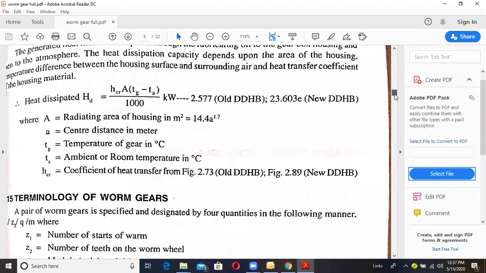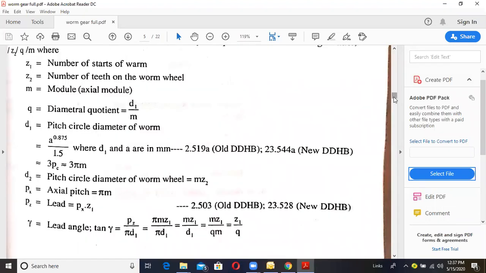Next we'll see some of the notations. Already you know that Z1 is the number of starts, number of threads. Z2 is the number of teeth on the worm wheel. M is the module. Q is the diametrical quotient, calculated by using the formula D1 by M. D1 is the pitch circle diameter of the worm. Directly we can calculate D1 by using the formula A is equal to 0.875 divided by 1.5.